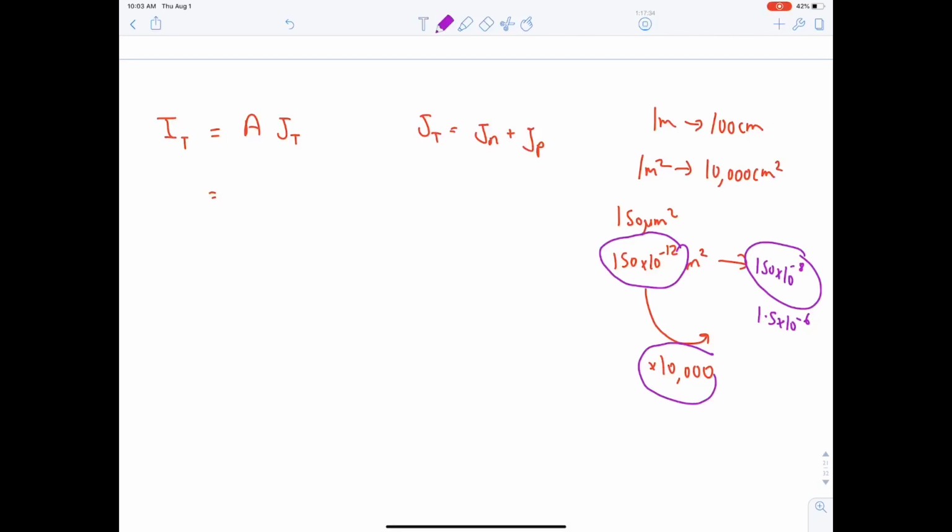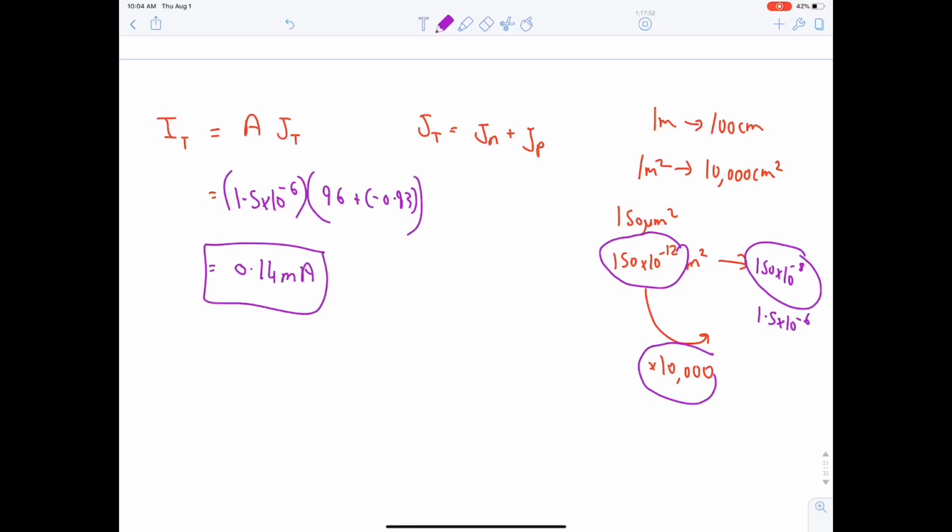Anyway, so area, it's 1.5 times 10 to the minus 6 multiplied by JT, which is 96 plus minus 0.93, and this will give us 0.14 milliampere. This is the total current.